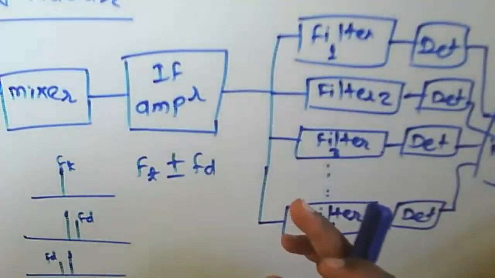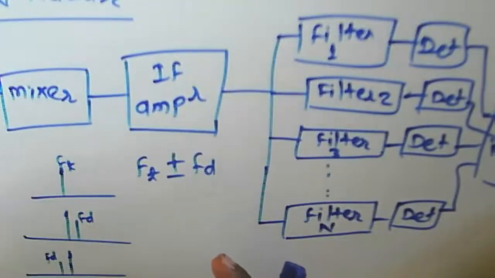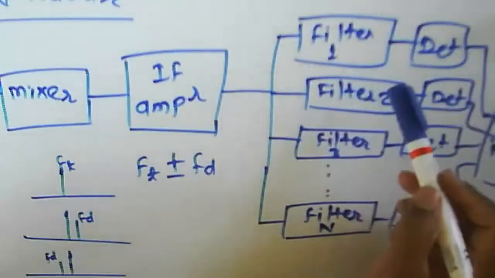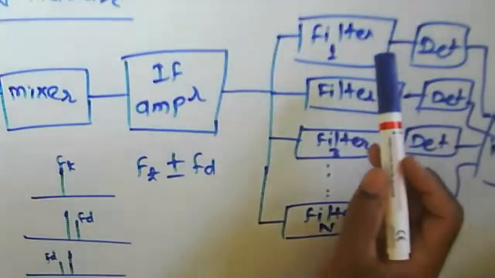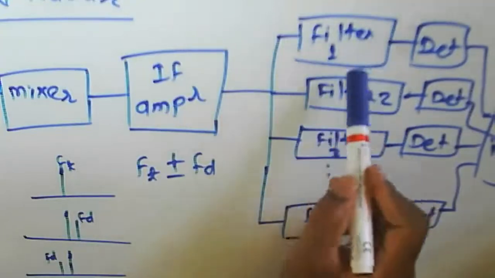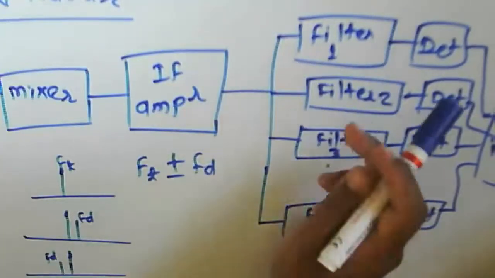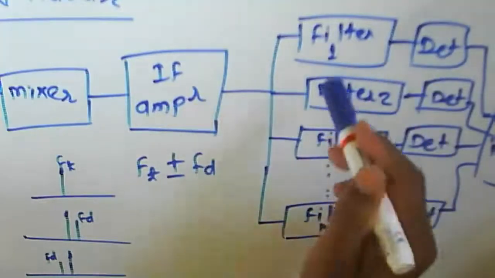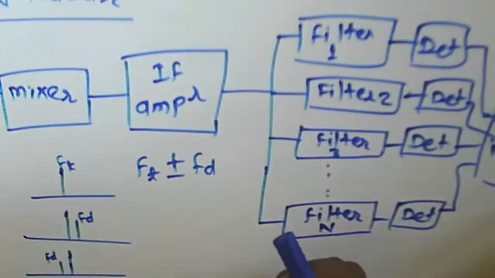But what will be the expected Doppler frequency can be found through this particular filter, because we are using various filters, so we can easily find it.